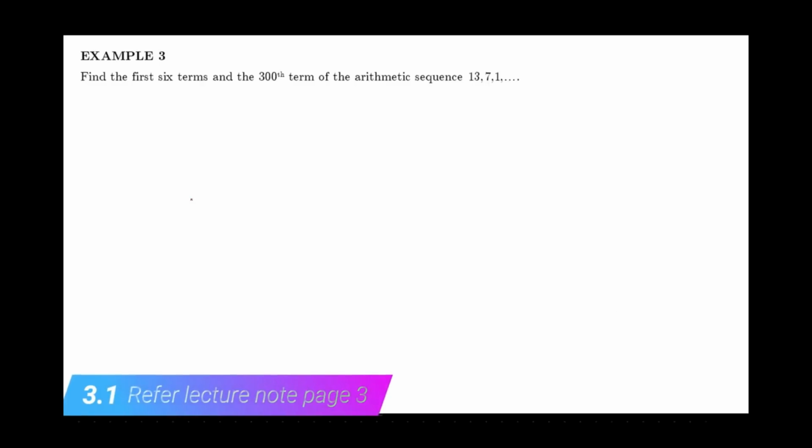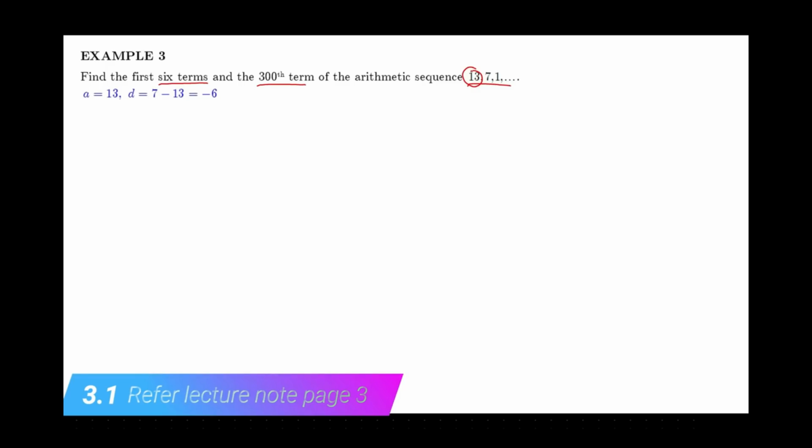We will go to the first example, example 3, to find the first 6 terms and the 300th term of the AS given. So this AS given is obviously in descending order, with A 13 and D minus 6.